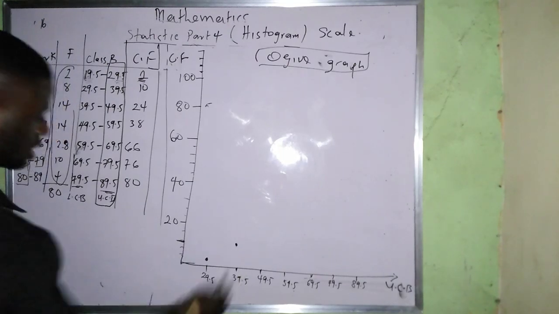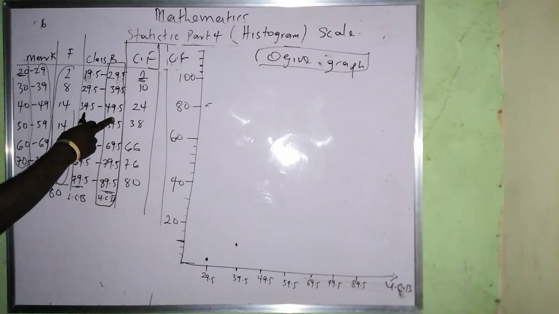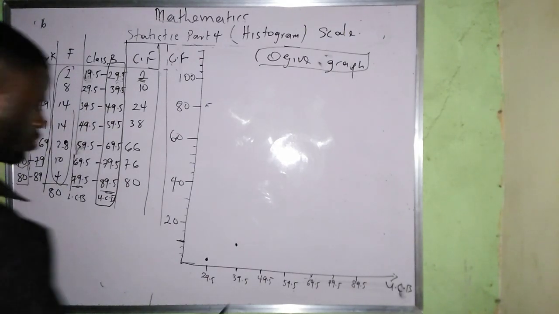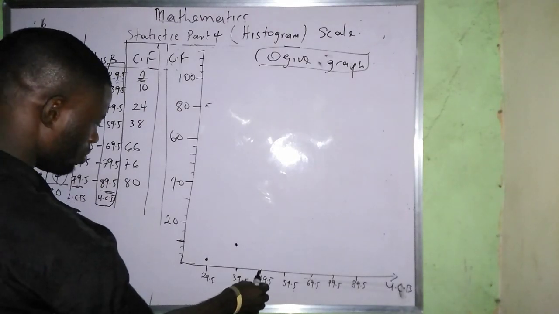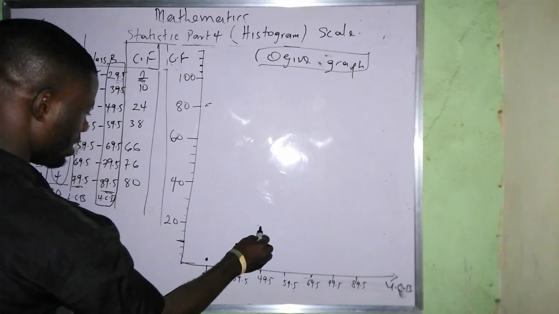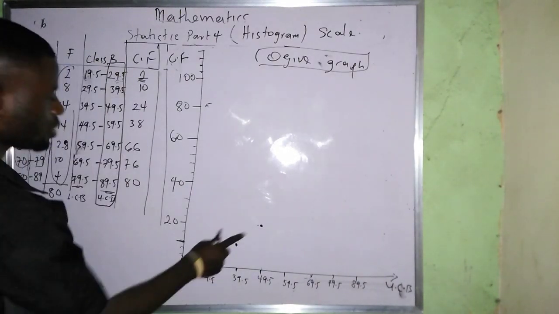It's a sketch. Now, when it's 49.5, it is in 24. I have 24, it will be around here. Sorry, it's a sketch, not a plot. I'm not plotting, I'm just sketching.